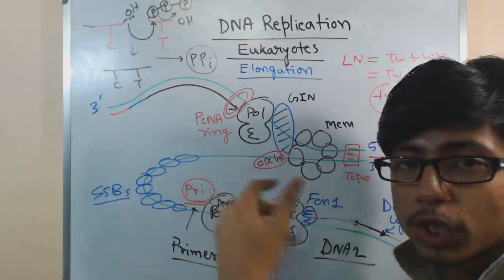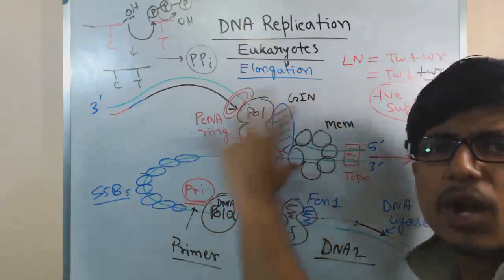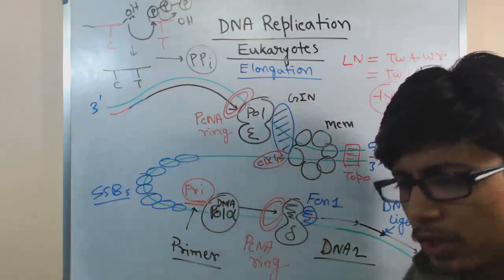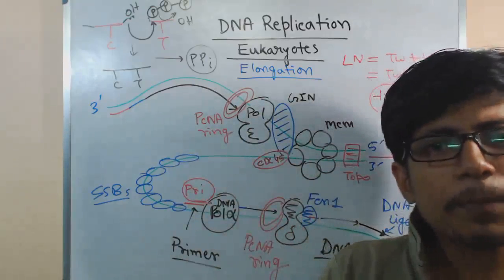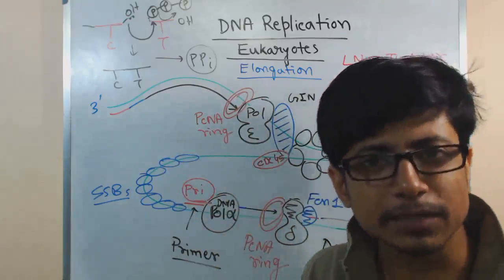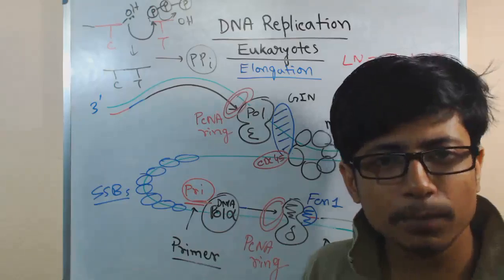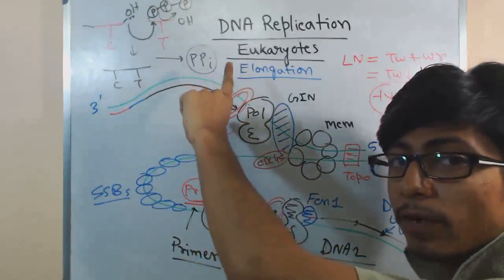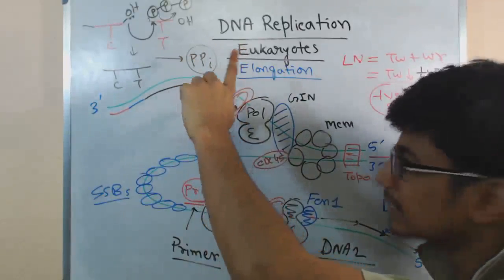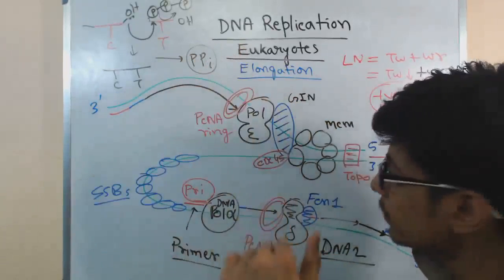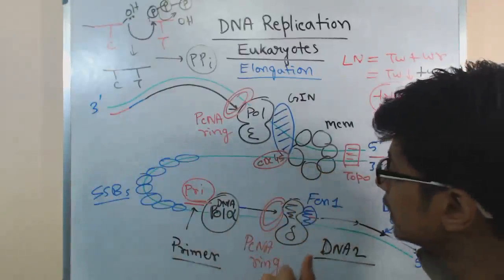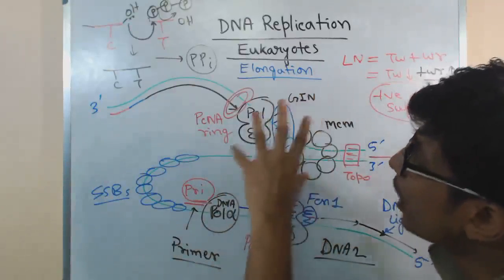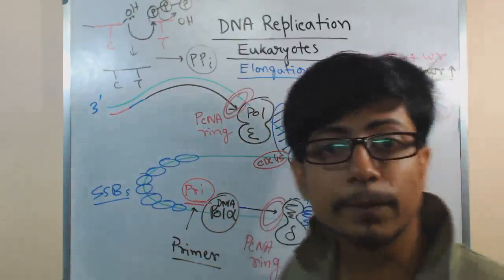This is the driving force, because these are all enzymatic reactions and must overcome the activation energy so the reaction can proceed in the forward direction. So that's the energetics part of eukaryotic DNA replication elongation.